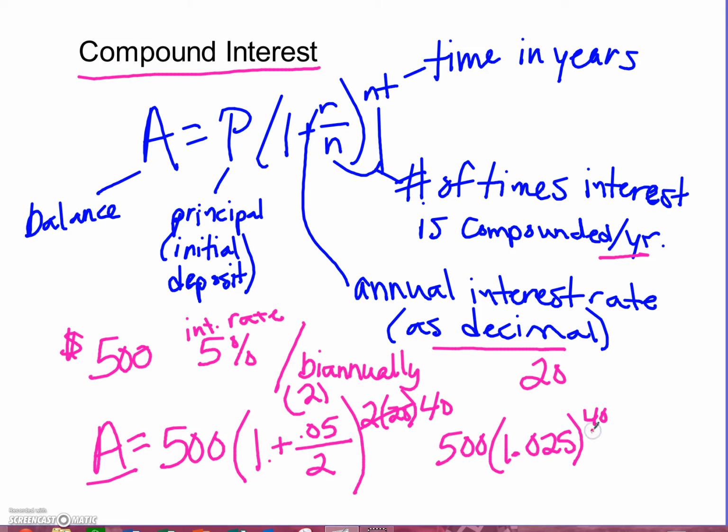Now let's take it to the 40th power. You're going to get a really large number, or a really small number actually. So go ahead in your calculator, multiply that by 500. You're still going to get a really small number. What you get is 4.14 times 10 to the negative 62. So a very small number.